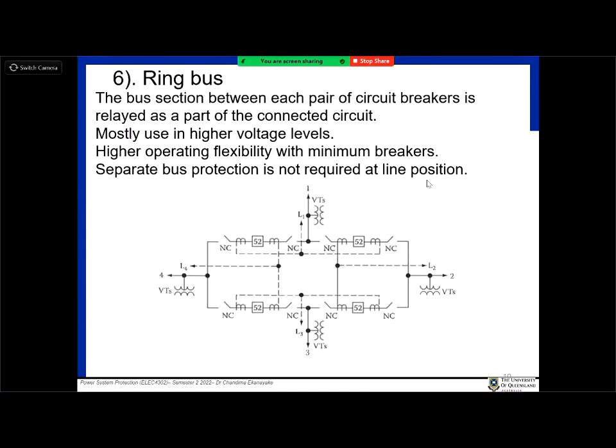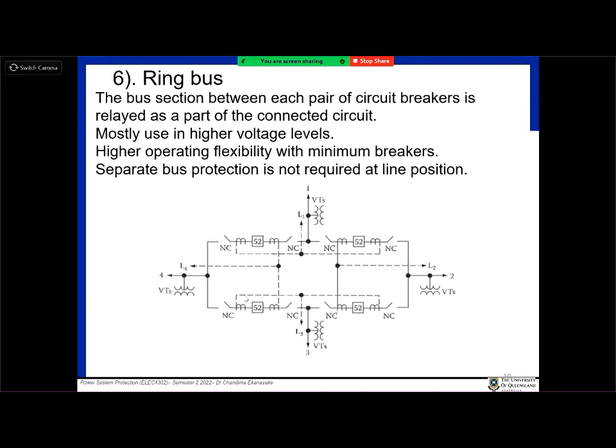And then also, in this configuration, you don't need separate bus protection at the line positions. You don't require any protection at this location. The reason is that the measurements are done across these two, and this line is covered; across these two, this whole section is covered. It's put in such a way that this one overlaps this one.